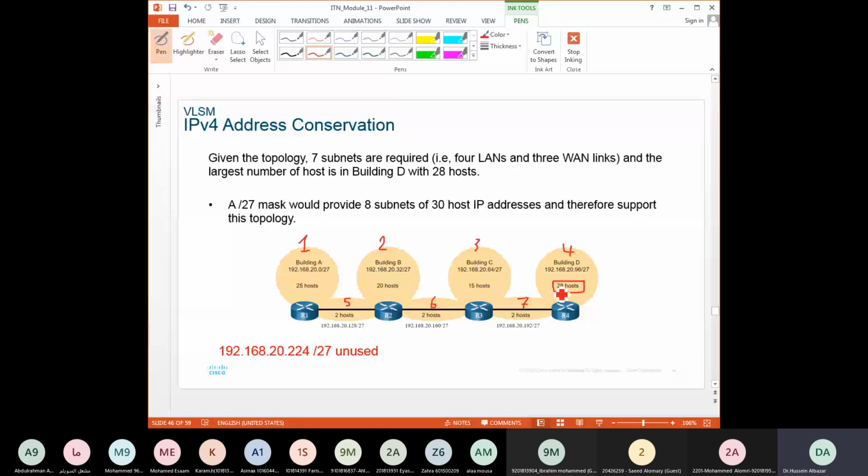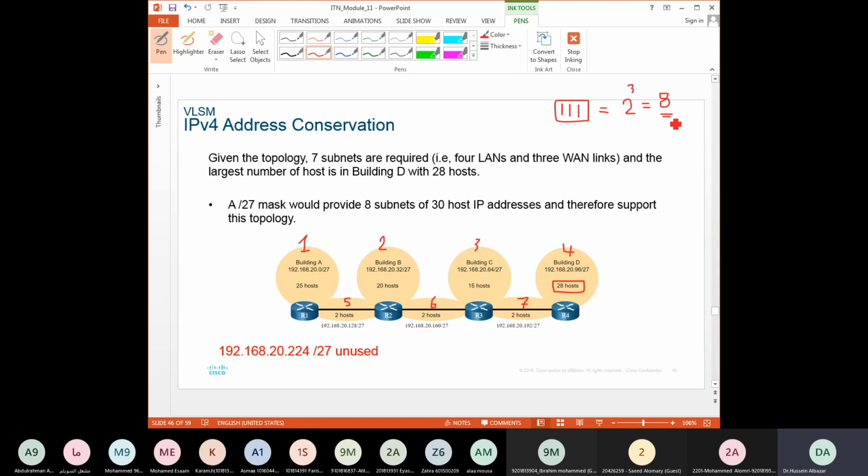Now, if we use the prefix /27, how many subnets will we have? /27 means we have borrowed 25, 26, 27, 3 bits. So 2 to the power 3 equals 8. So we'll have 8 subnets.